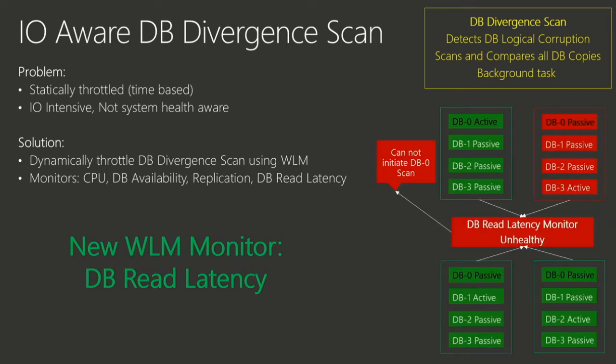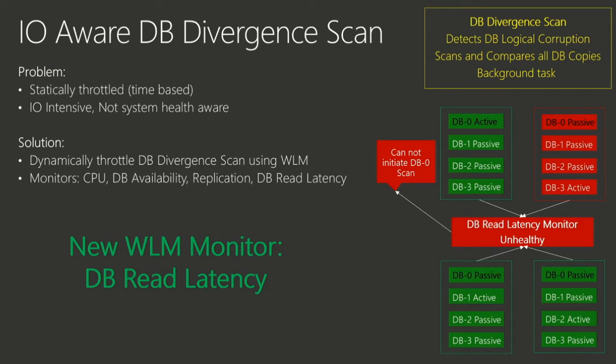So if we look at this example, we're trying to do a DB scan on DB0. It's got the 4 copies, and each one of them is on a separate disk on its own server. We see that the active is healthy, but the disk where one of its passives is located is unhealthy.